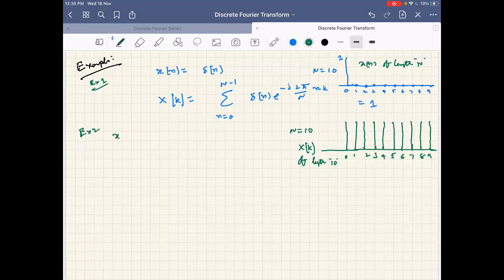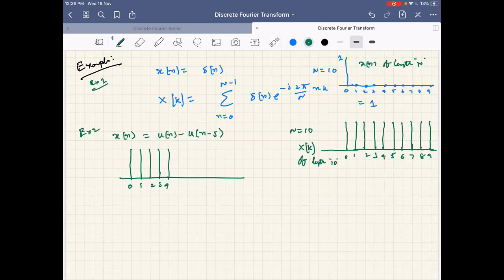Let x of n now be u of n minus u of n minus 5. That means what? So how will x of n be? 1, 1, 1, 1, 1, with n equal to 0, 1, 2, 3, 4.